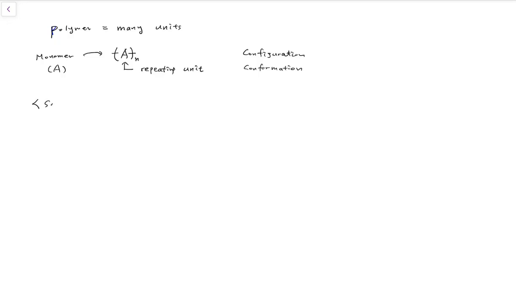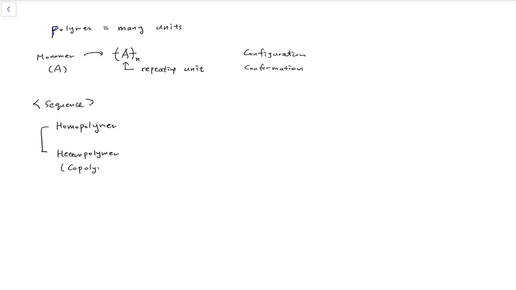First, sequence. Okay, so depending on the sequence, polymers can be divided into homopolymer and heteropolymer. Usually we call heteropolymer a copolymer.